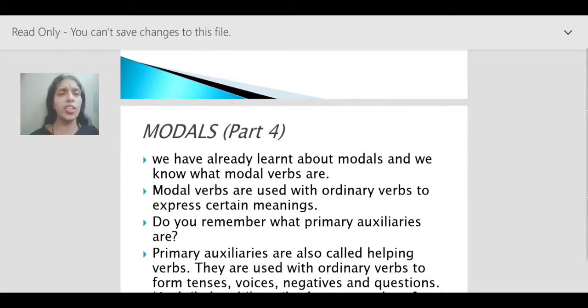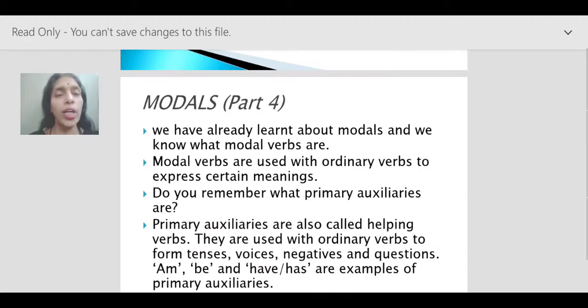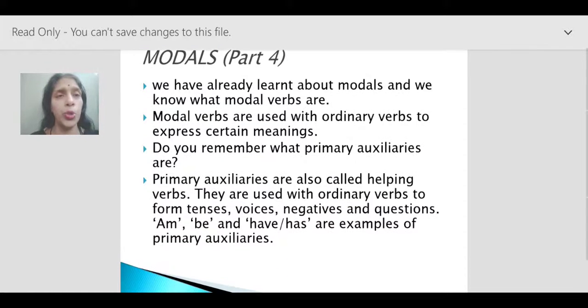We have already learnt about modals and we know what modal verbs are. Modal verbs are used with ordinary verbs to express certain meanings. Do you remember what primary auxiliaries are?